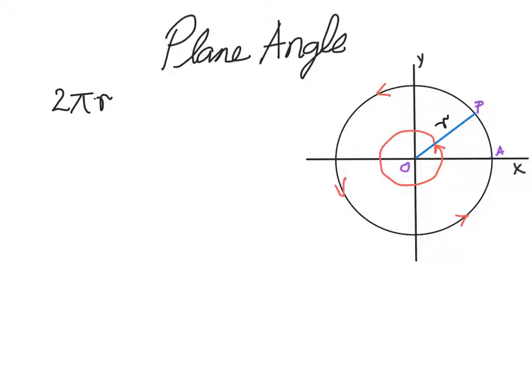And what is the angle that is swept by the line segment OP in this process while it covers one full round? That angle is defined as 2 pi radians. So let me write that down here, that while point P travels a circumference of 2 pi r, the angle swept by the line segment OP is 2 pi radians.